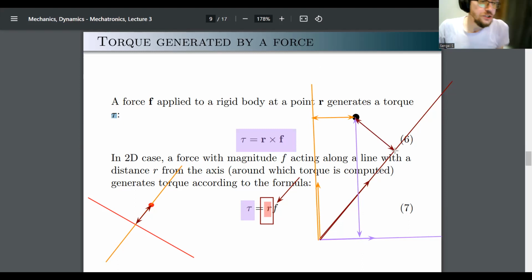Different distances. So you have to be careful about those things when you compute. But when you get used to it, when you know that, okay, force, find its line of action, distance, use the formula 7, then everything becomes clean and simple. Okay. Nice. All right.